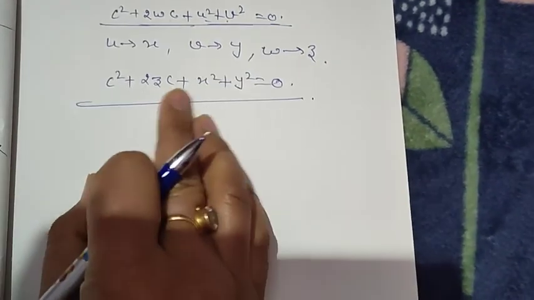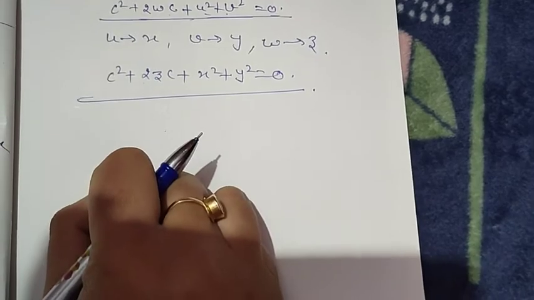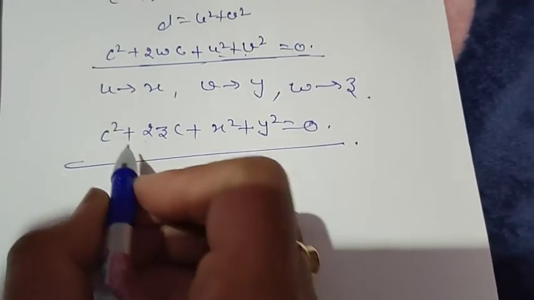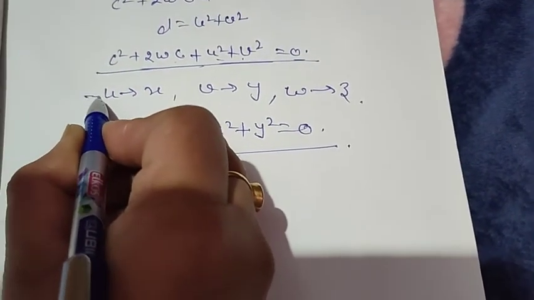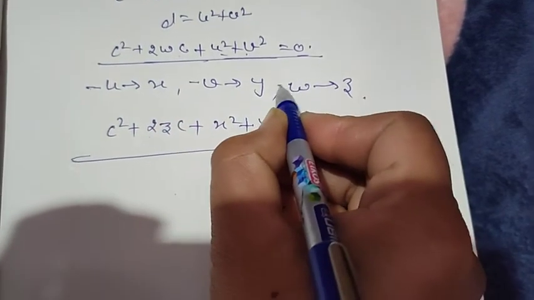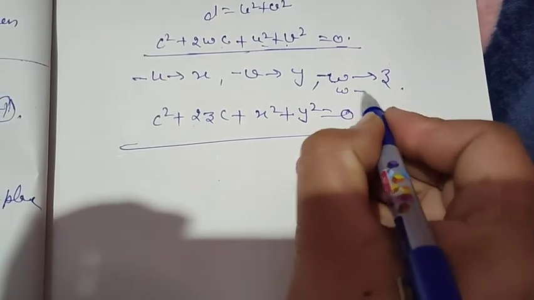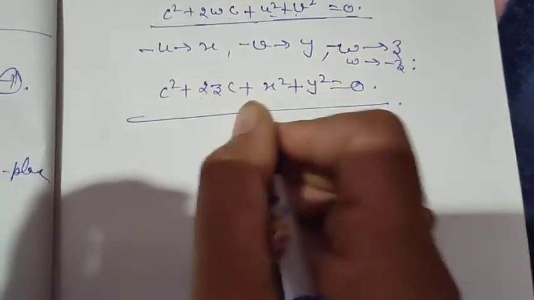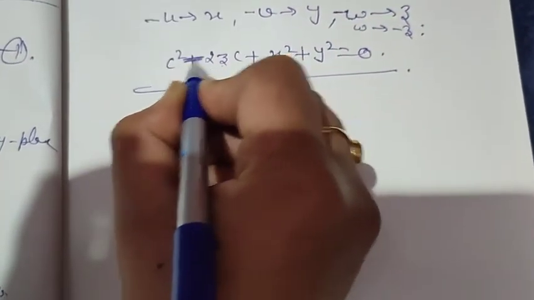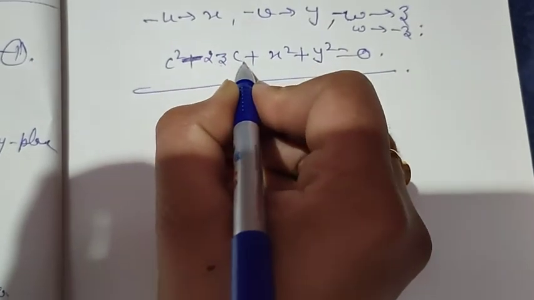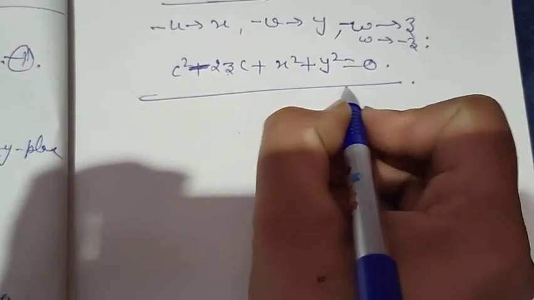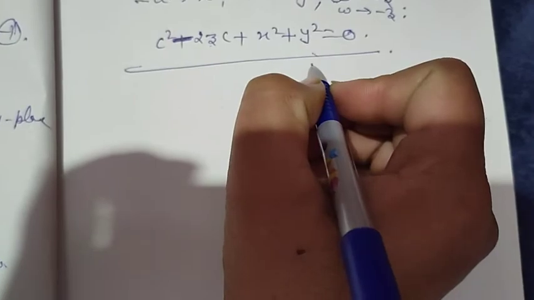The center of the sphere is (minus u, minus v, minus w), so w becomes minus z, giving c square minus 2zc plus x square plus y square. This is the locus of the center of the sphere.